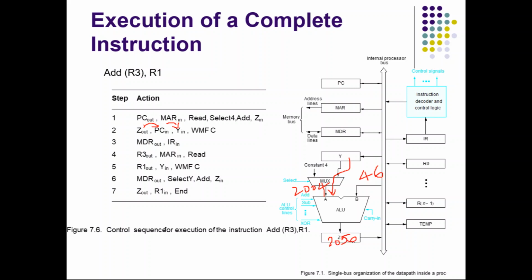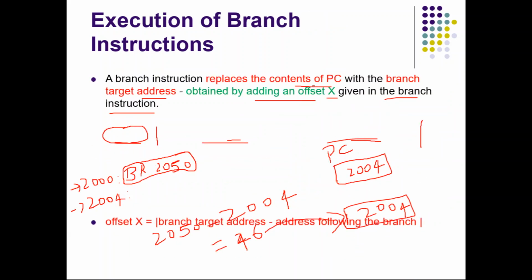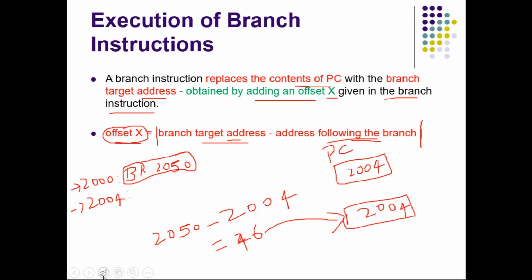That will go into the system bus, and from there it will again get into PC in. So PC in will become 2050, which means the next instruction executed will be at 2050. This is how it actually happens.